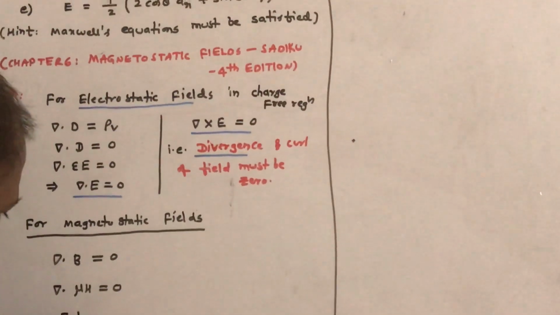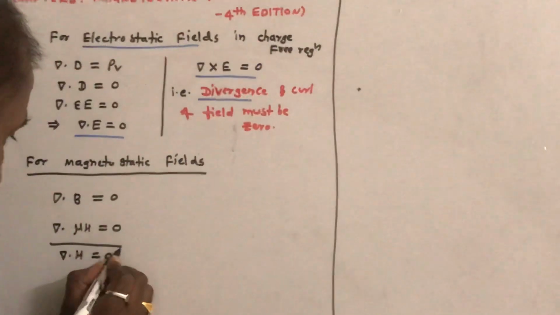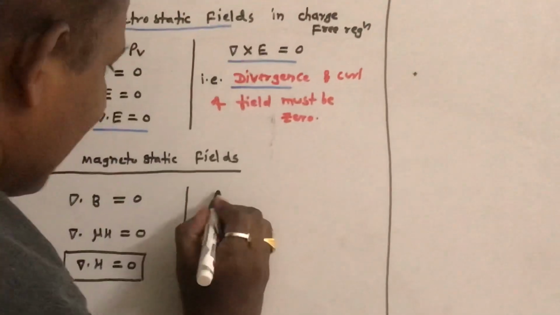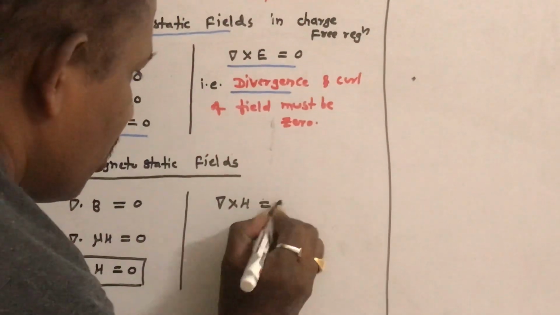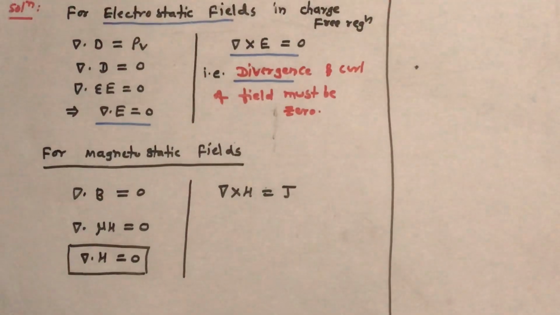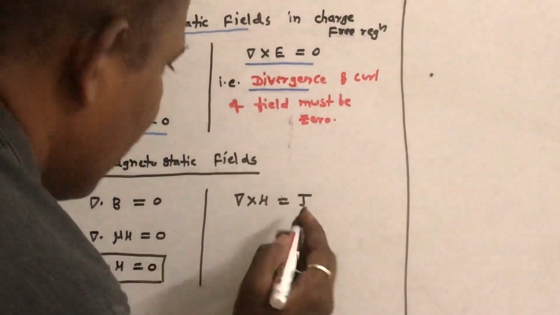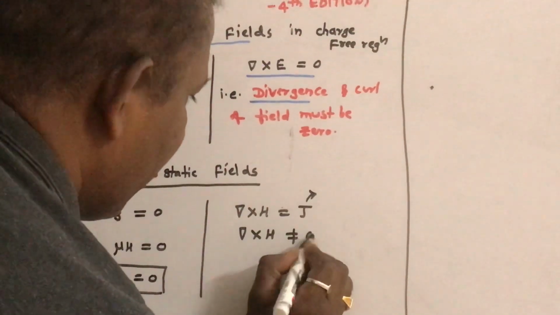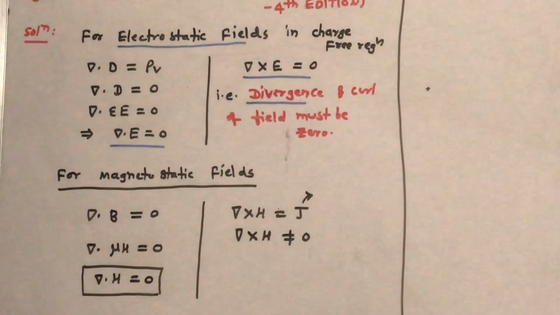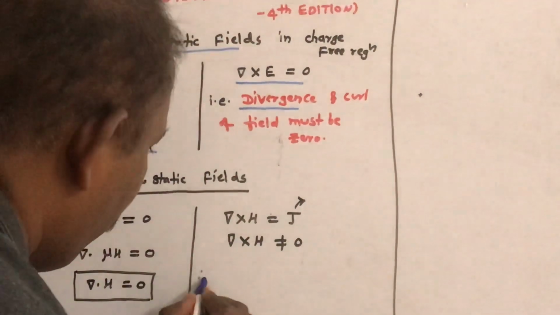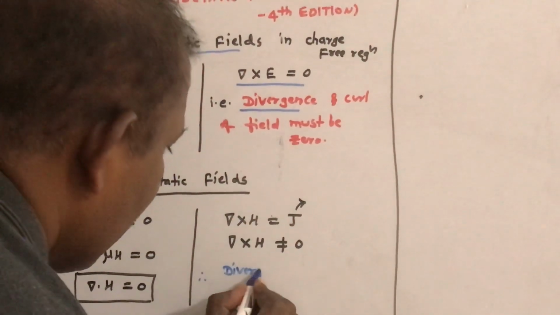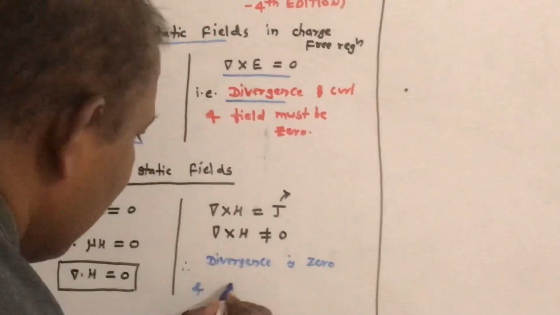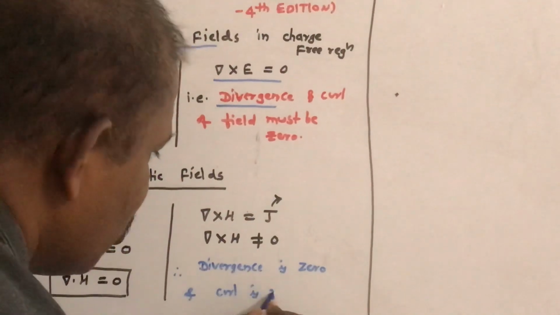So del dot H is equal to 0. And one more Maxwell's equation is del cross H is equal to J. That is the current density, so del cross H is not equal to 0 for magnetostatic fields. Therefore the divergence is 0 and the curl is not 0.